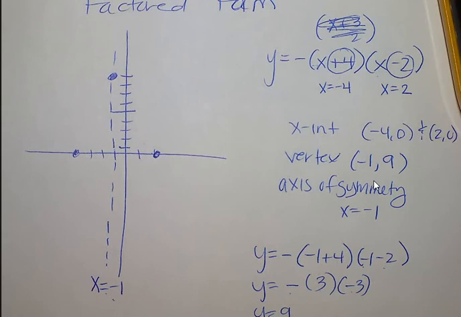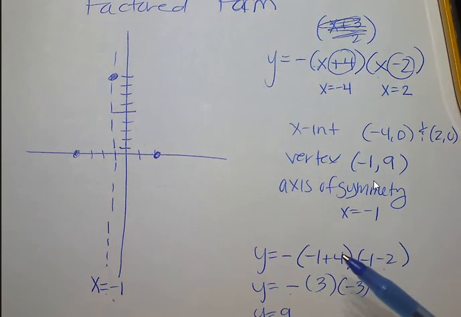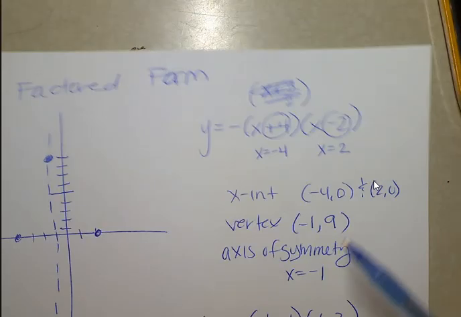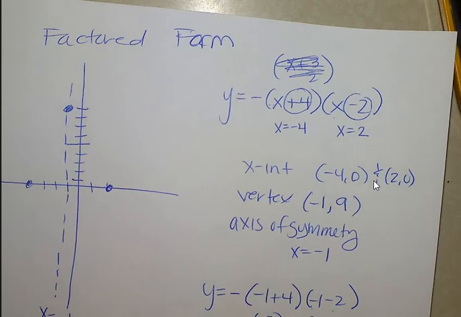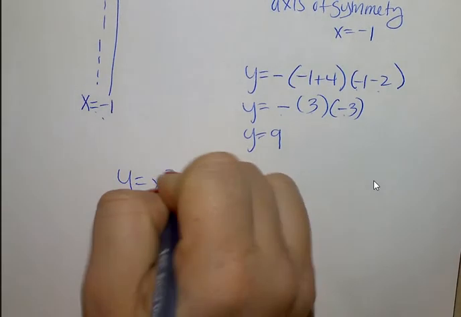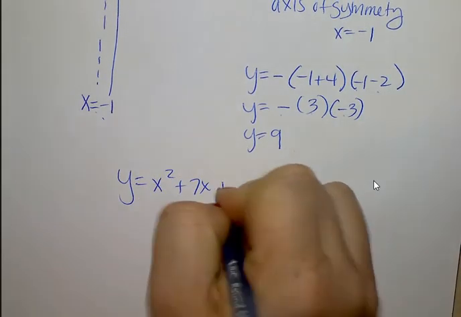So we've identified the vertex, the axis of symmetry, the X-intercepts. I have one more thing I want us to identify, and that is going to be the Y-intercept. Now here's how this works. Recall that when I give you something like this, a different problem, and I would ask you, what is the Y-intercept?